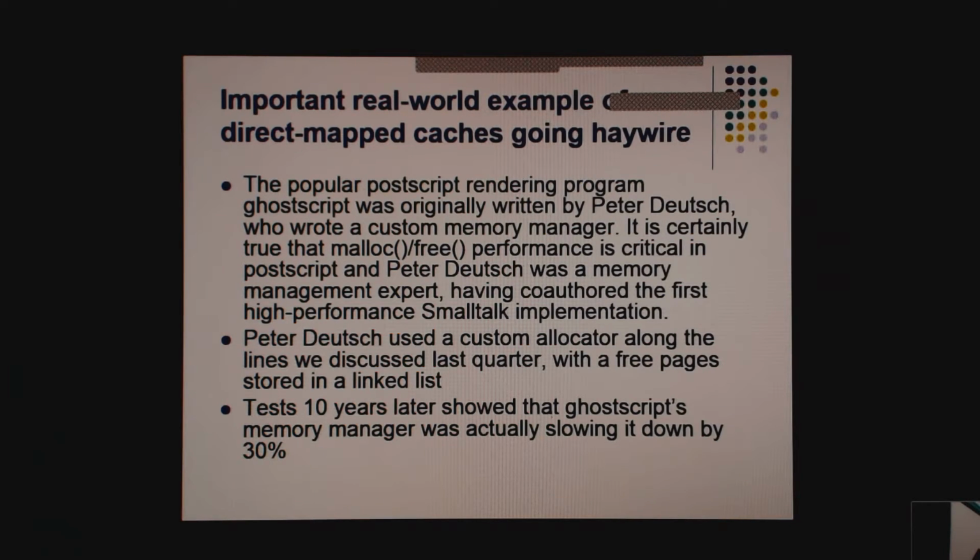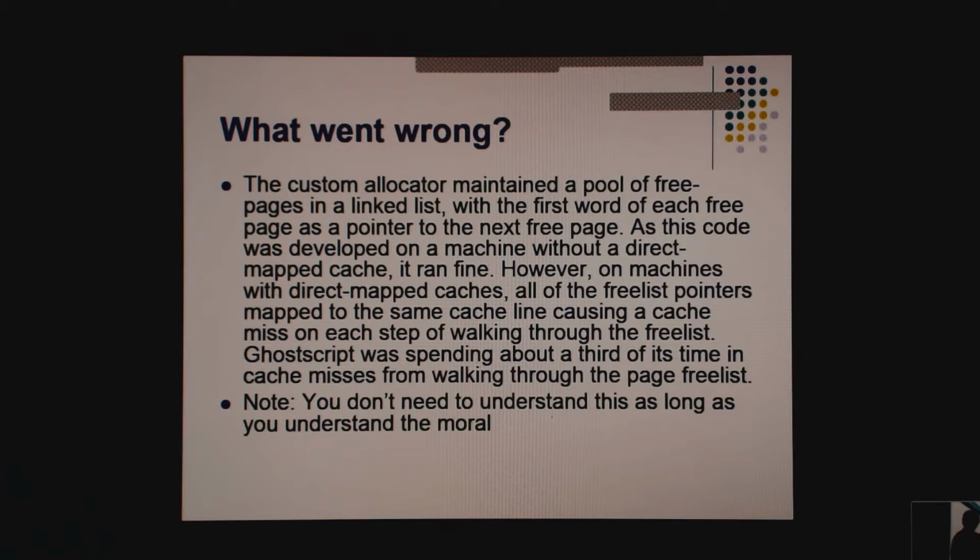He found out that GhostScript's memory manager was actually slowing it down by 30%, right? This is the world's best memory management expert, who created a program that was way slower than it would have been with libc malloc. People investigated this, and this isn't published in the paper, so this is some secret folk knowledge that I'm sharing with you.